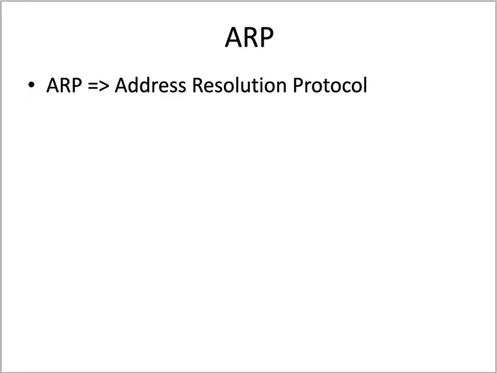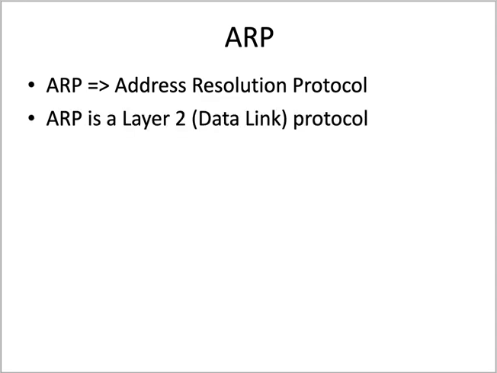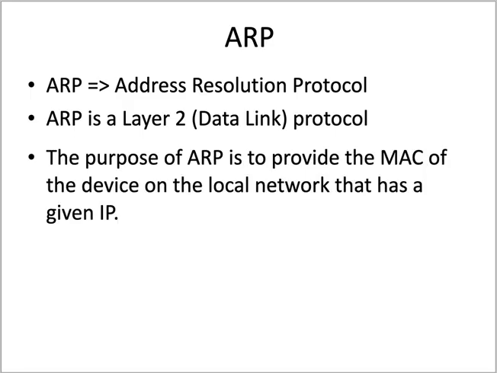Now then, there's this protocol called ARP. It's a layer 2 protocol, which is the data link layer, and it stands for Address Resolution Protocol. And the purpose of ARP is to provide the MAC address of the device on the local network that has a given IP.